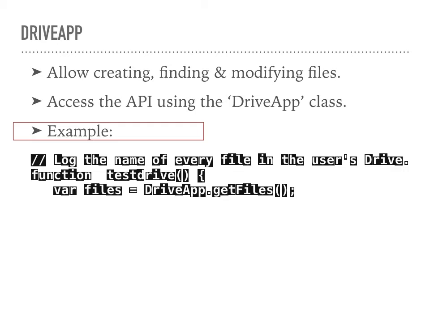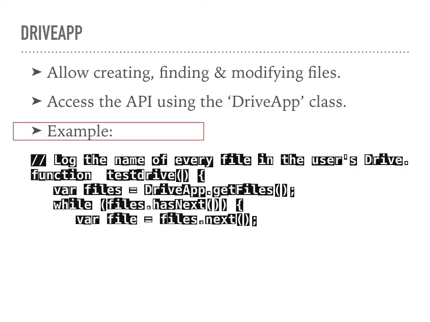Files is of class FileIterator and it has a hasNext method. While files.hasNext, we create a file variable, file equals files.next, and then we log its name: Logger.log(file.getName()).